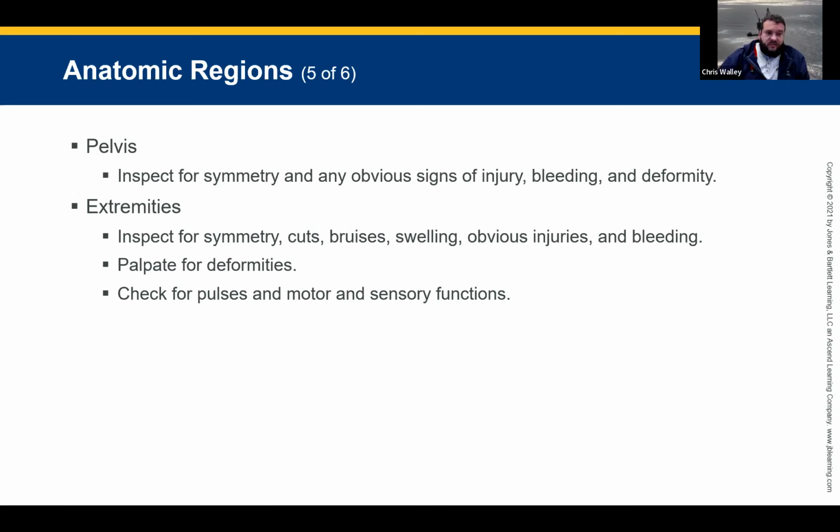At the same time, I'm looking for PMS. So here's another little mnemonic. You check for PMS on all your extremities. So you would say PMS times 4, which is right here on your screen. Pulses, motor, and sensory. If I do not have the PMS in the right arm, I would put negative PMS to the right arm.